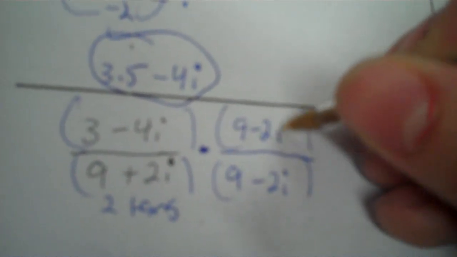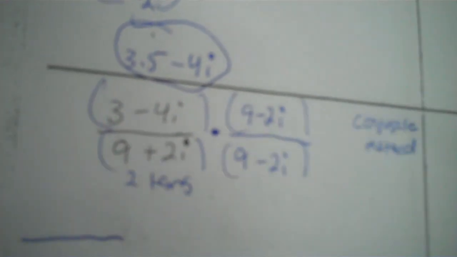Two terms, you apply the conjugate method of multiplication, meaning 9 stays the same, but the positive 2i switches to a negative 2i, and whatever is in there needs to be copied and duplicated on the top, so that we're multiplying the top by this and the bottom by this. They have to be multiplied by the same thing. Okay, top, bottom.